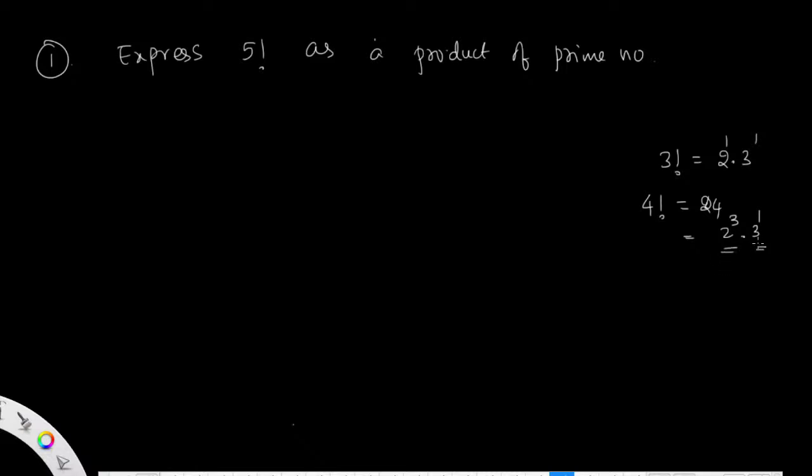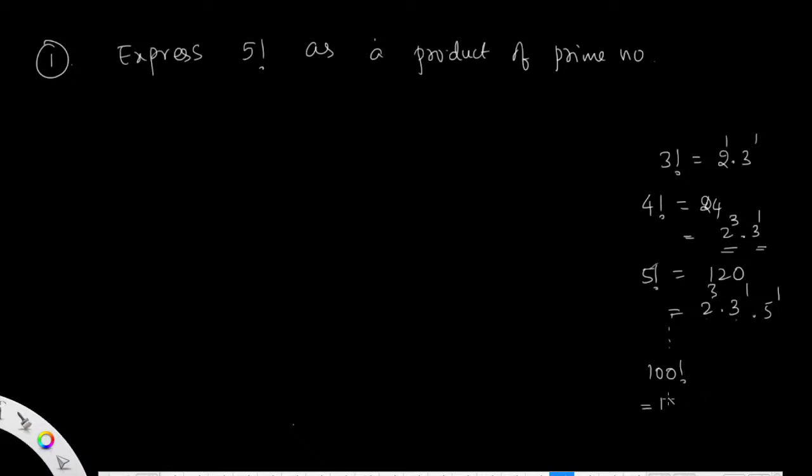2 and 3 are the prime divisors we have learned. 2 cube into 3 power 1. Whereas 5 factorial is 120, then we can write 2 cube into 3 power 1 into 5 power 1. 8 into 3 is 24, 24 into 5 is 120. Similarly, problems with larger numbers are there. Suppose 100 factorial is there. How many prime factors?